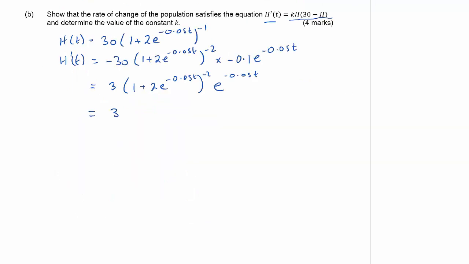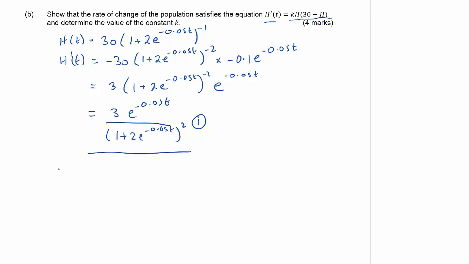So that's going to be 3 e to the negative 0.05t over (1 plus 2e to the negative 0.05t), all squared. Now I'm going to call that 1, and I'm going to come back to it.